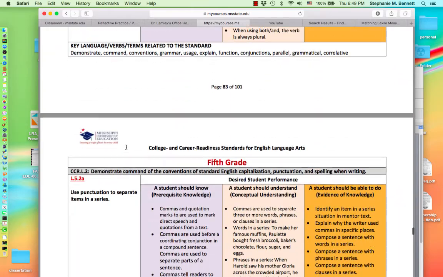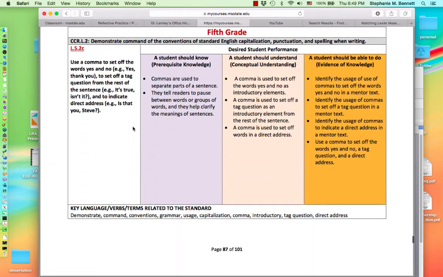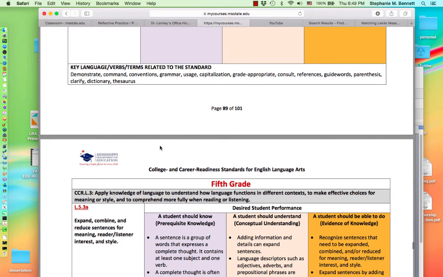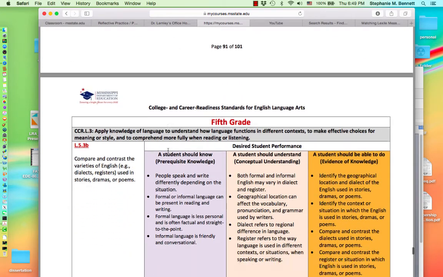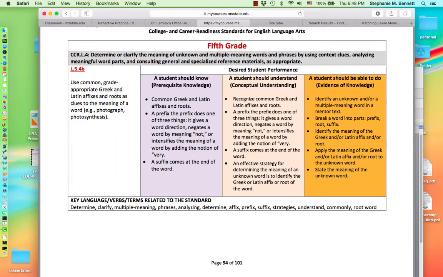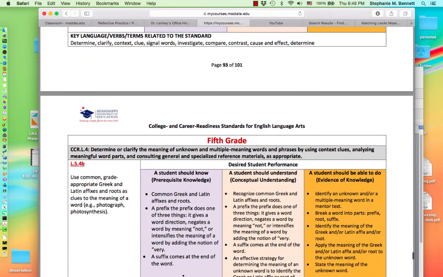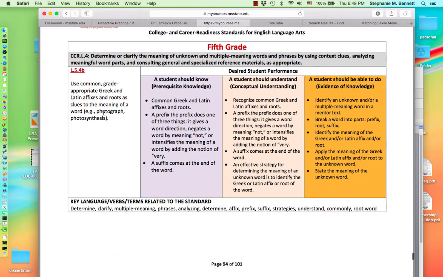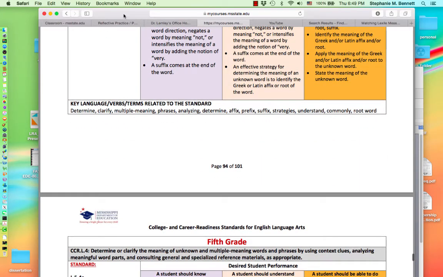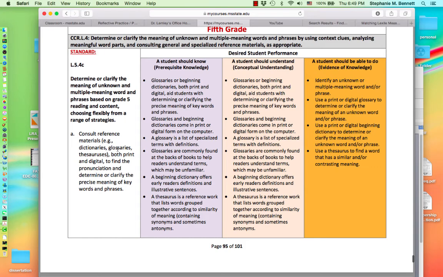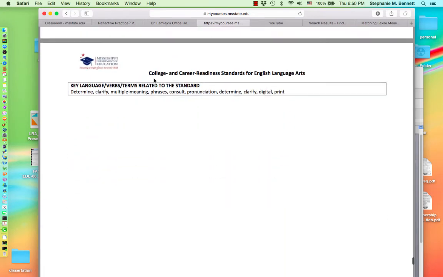And so if you look at something like L.5.4, determine or clarify the meaning of unknown or multiple meaning words and phrases, used by context clues or word parts: 4a is using context clues, 4b is teaching about roots and affixes, 4c is talking about using flexible strategies, but looking at the reference materials. So those would be some of the vocabulary standards you could use.